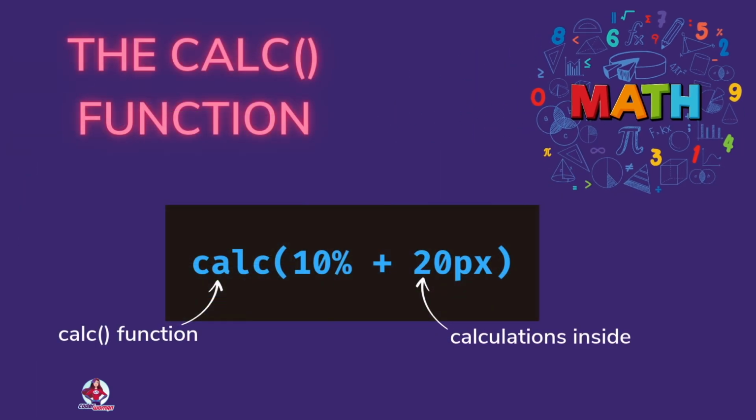The secret is the calc function in CSS. It's amazing for doing any kind of calculation, especially for setting element's width, height, or margin. Relative values such as percentages or rems are good, but sometimes not enough. That's where calc can help, and our current task is a perfect example.